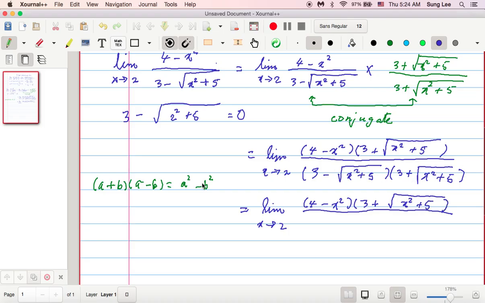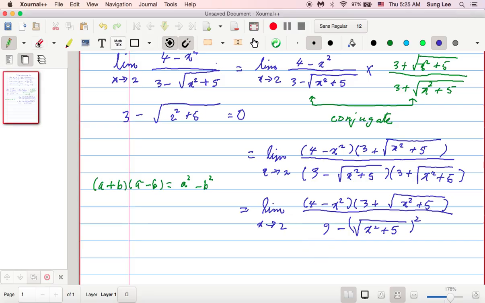For the denominator, using this formula, it becomes a squared, 3 squared, 9, minus b squared, the square root of x squared plus 5, squared, which removes the radical sign.